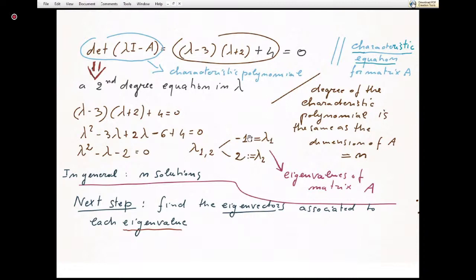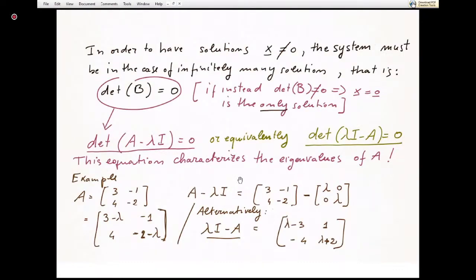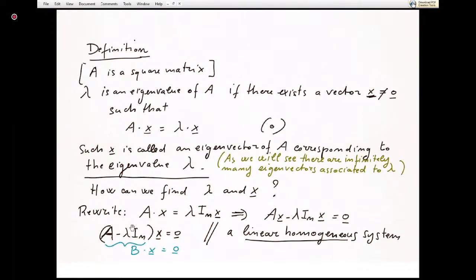So now we have these two eigenvalues. We want to find the eigenvectors associated to each eigenvalue. There will be infinitely many eigenvectors associated to each eigenvalue. It is clear why: in the system we replace lambda with these eigenvalues, but these eigenvalues were found under the assumption that there are infinitely many solutions to the system.